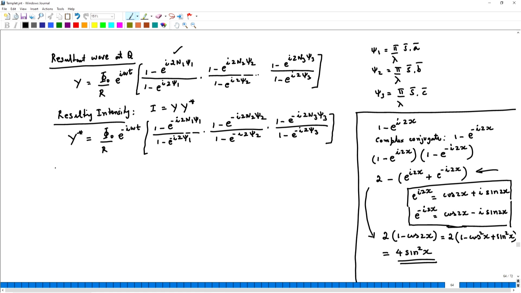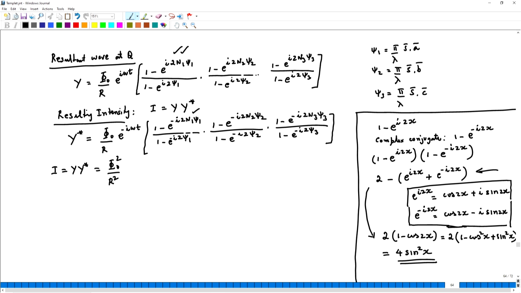So, therefore, the resulting intensity, which is psi star psi, will become phi naught square upon r square, e to power minus i omega t multiplied by e to power plus i omega t would simply be unity. So, this term will disappear, and then let us now multiply individually. So, multiply this term with this term.